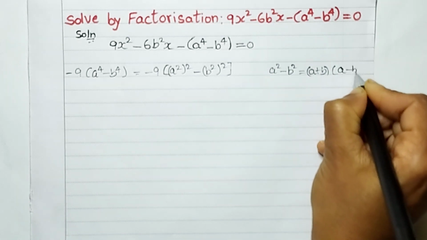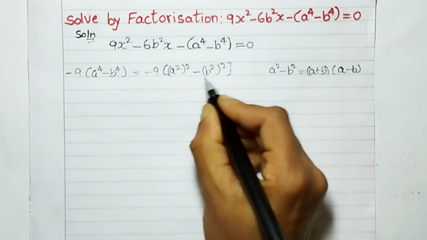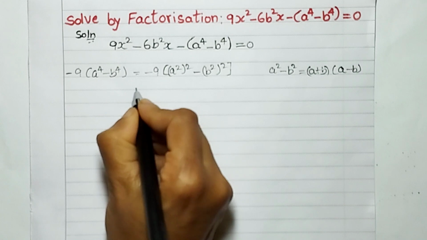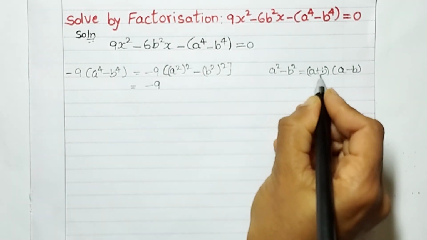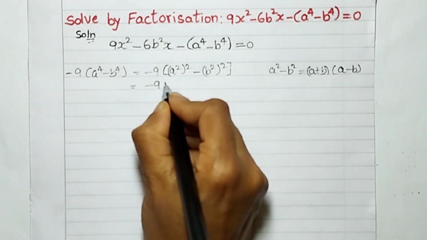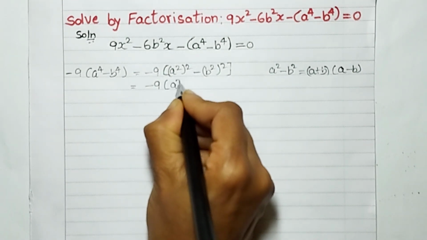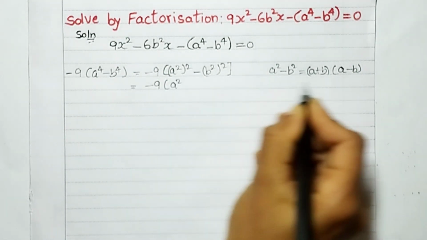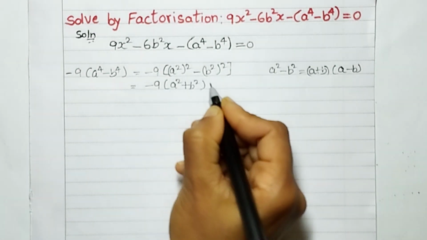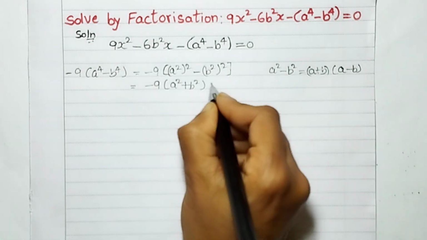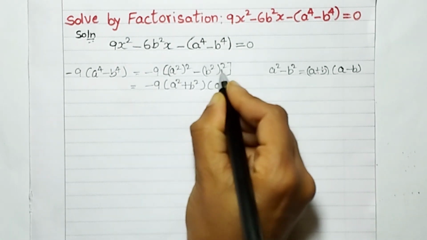We can apply this here: −9, where a is a², b is b², so (a² + b²)(a² − b²).